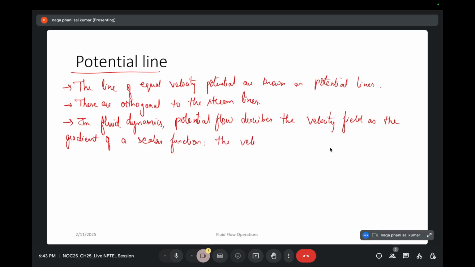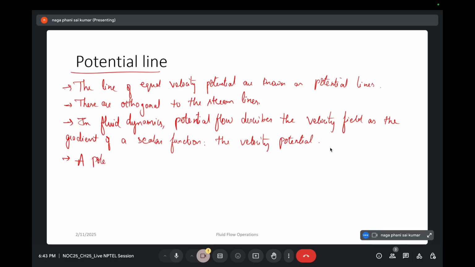Is velocity potential. And a potential flow is characterized by an irrotational velocity field. This is one more property of potential flow.